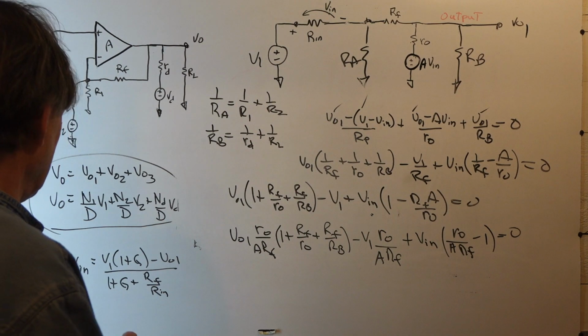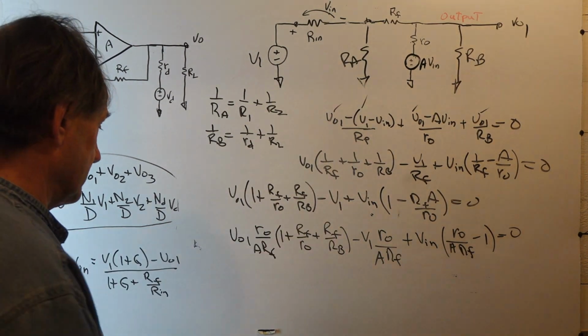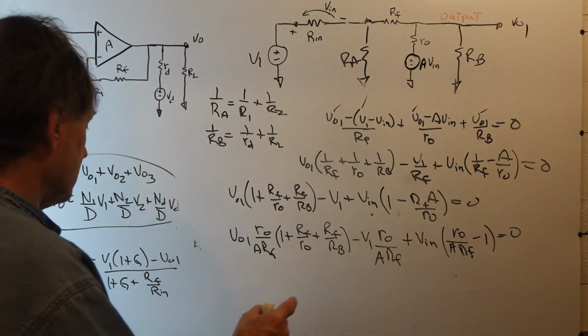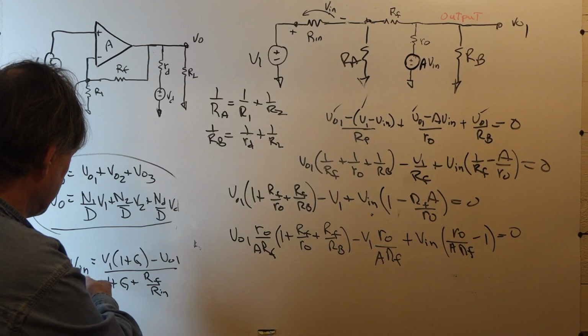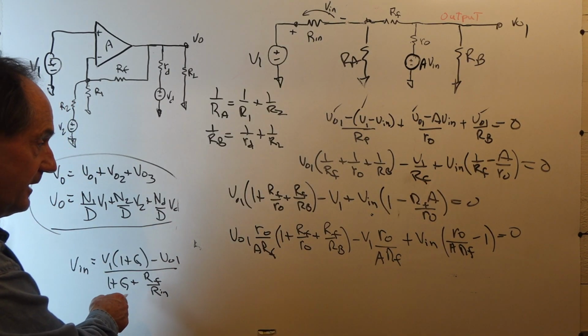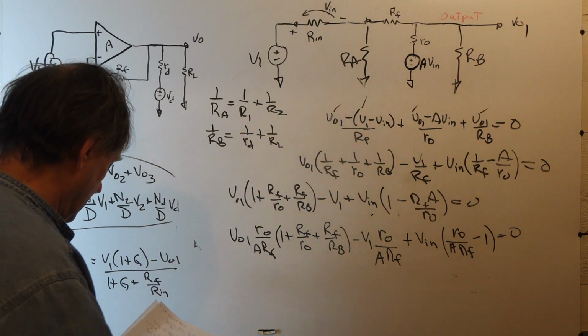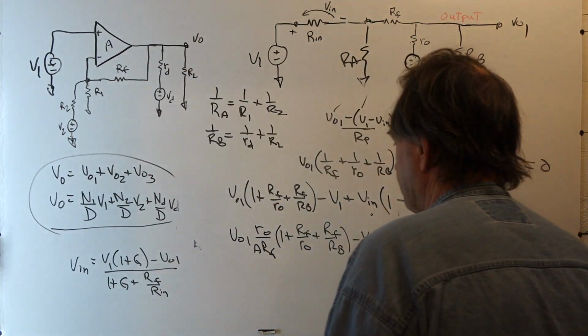Now we put in our Vn into this equation. As before, we put this in and then multiply through by the denominator of Vn. So I'll write the equation here.